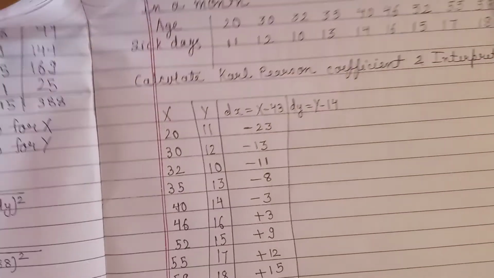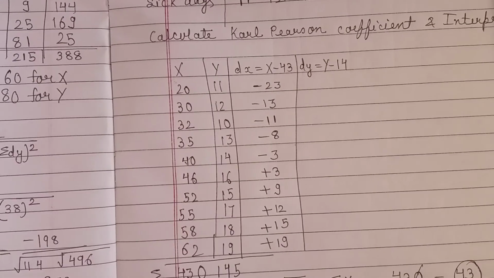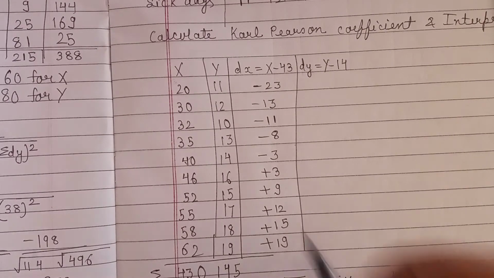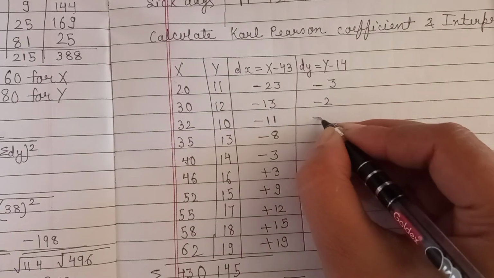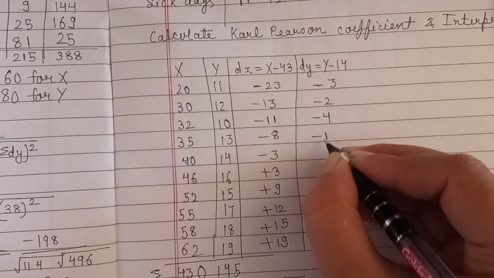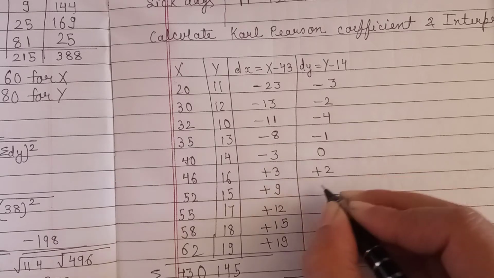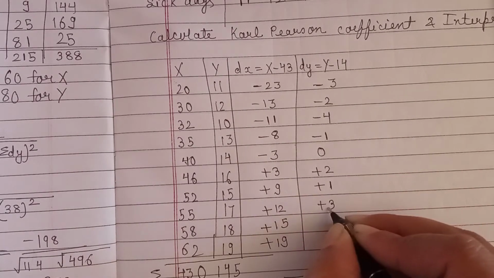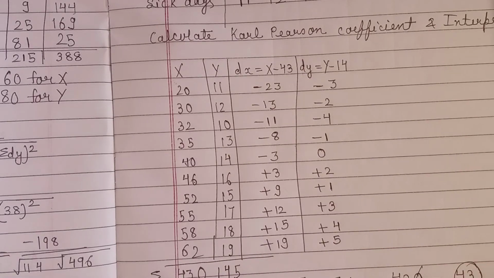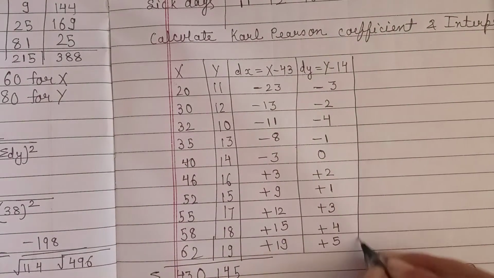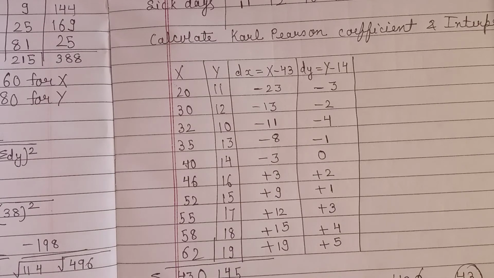Now we will find dy. Dy is y minus 14, so here it is minus 3, minus 2, minus 4, minus 1, 0, plus 2, plus 1, plus 3, plus 4 and plus 5. So this is our dy. Now one more thing, so many more things we have to find.